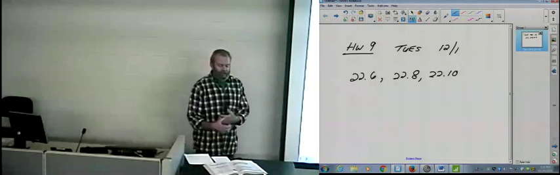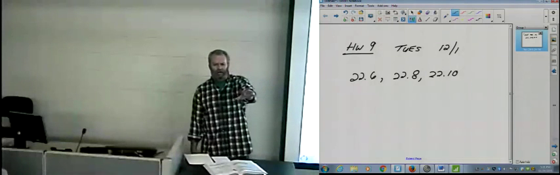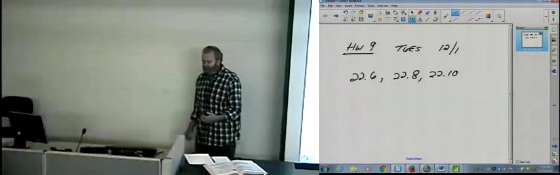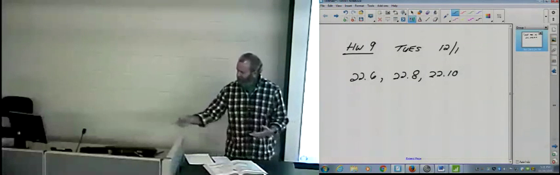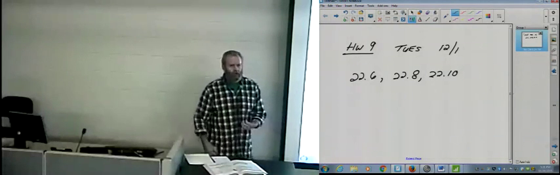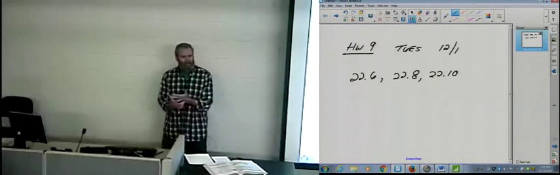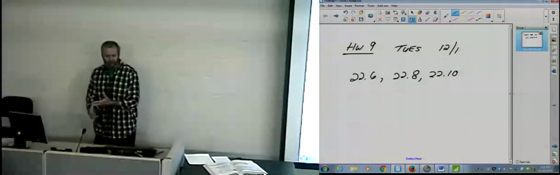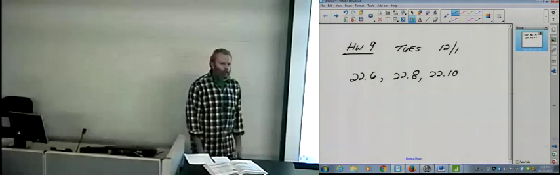You did a confidence interval, and then there was a 4th problem you just turned in. It was something about significance levels and whether something was statistically significant. So you did a confidence interval, a sample size, and a test of significance. My 3 problems here out of chapter 22: one's a confidence interval, one's a sample size, and the other one is a test of significance. Okay? Same 3 problems. Obviously, there's going to be 3 different formulas.